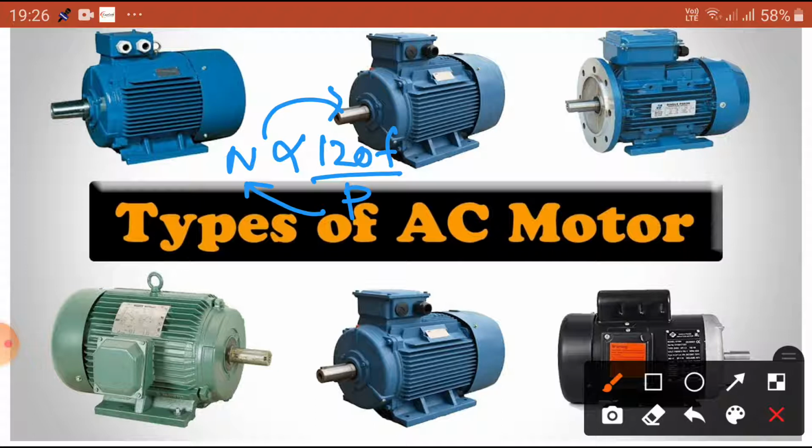In the last class we saw single phase AC windings. We have seen what the lap winding is in the single phase case and what the wave winding is, and how we draw these windings in AC machines.